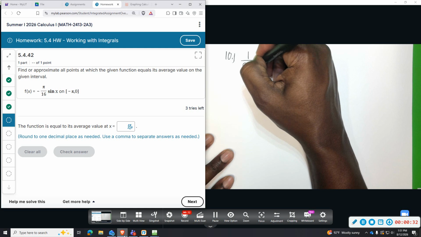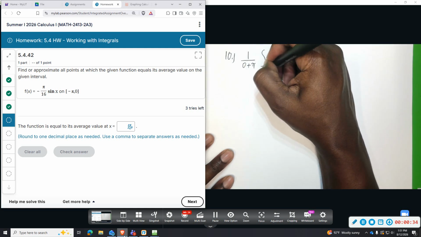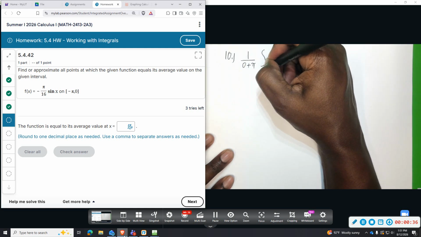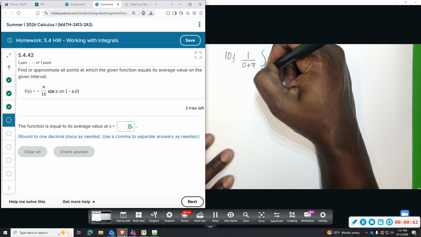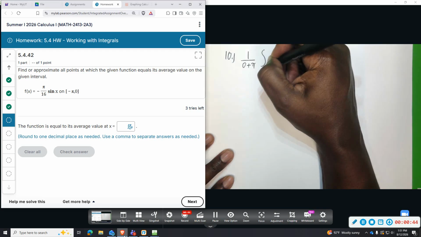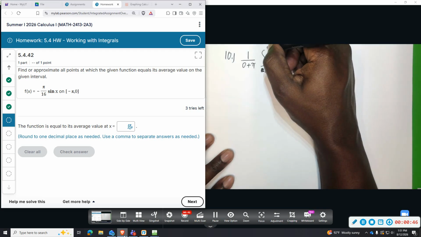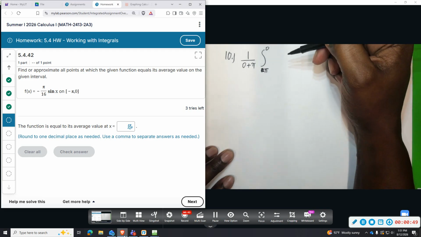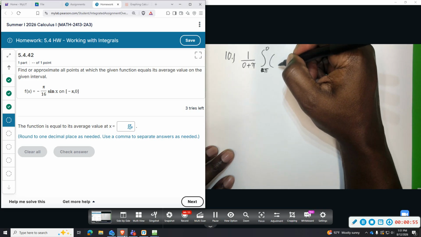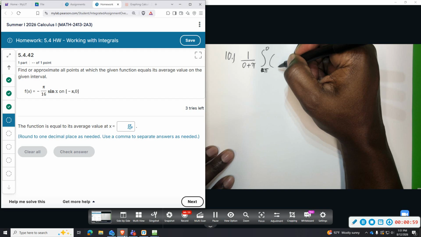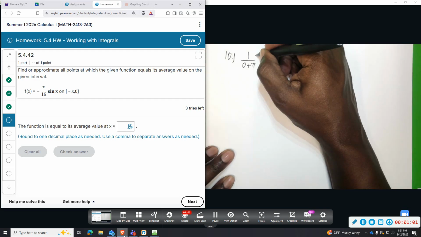We're going to do the integral from negative pi to 0. And we could flip it, but I'll just leave it as negative pi to 0. It'll just come out negative. And then we're integrating. I'm going to go ahead and pull the negative pi over 16 to the front.